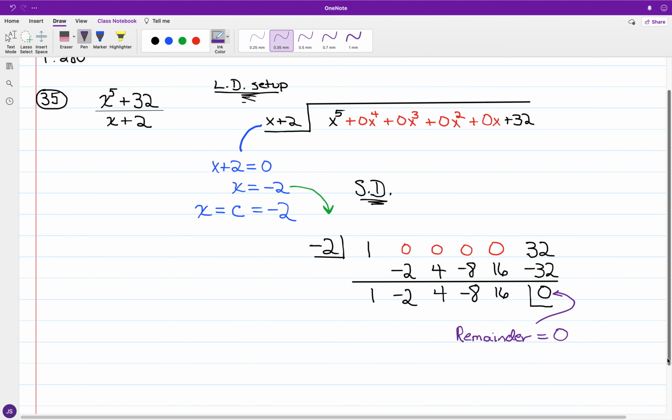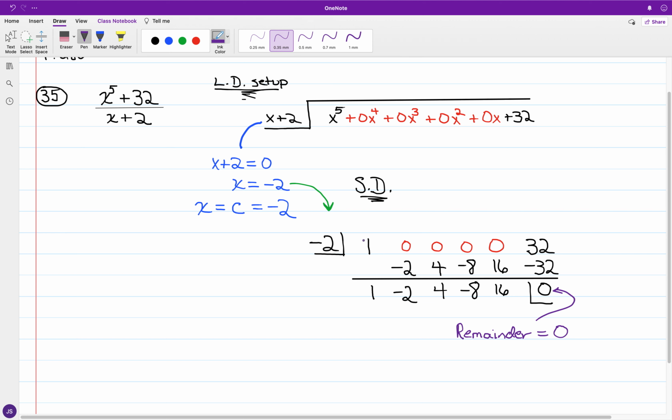Looking at the determination of the remainder, not only through synthetic division but also through the remainder theorem. In the case of the remainder theorem, you're looking at the polynomial f of x, or it could be g of x, h of x, z of x, divided by a linear expression in x.